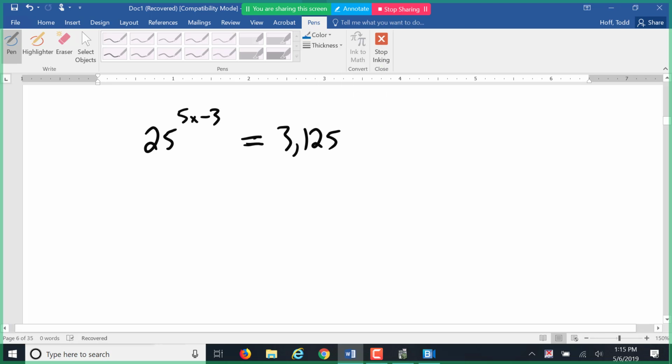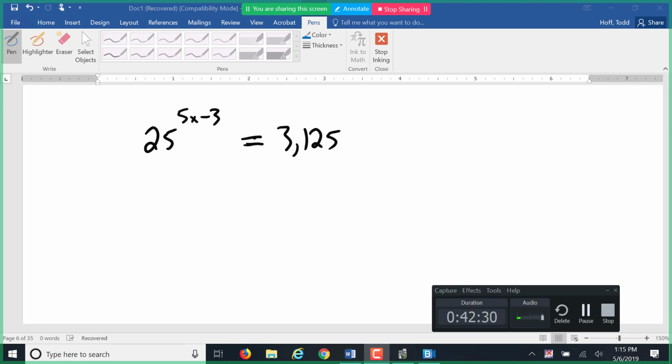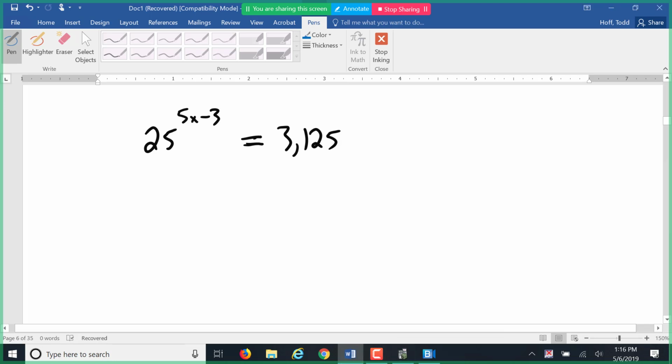Give that a shot at breaking that down and solving. 25 can be broken down as 5 to the power of 2. So when I substitute that in there, that becomes 5 to the power of 10x minus 6. 3,125 is 5 to the power of 5.